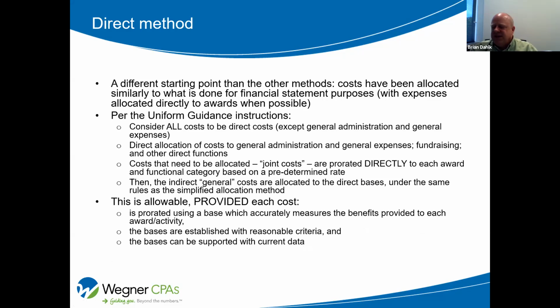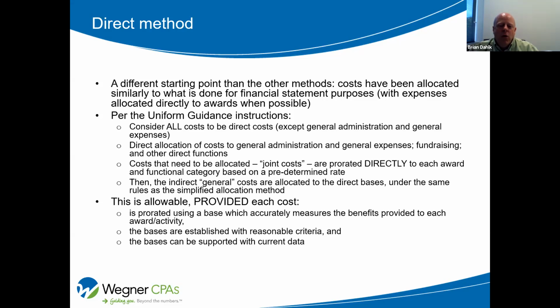The uniform guidance doesn't explicitly say that you start with your financial statement allocations, but it says that the allocations are compatible with the approach used for financial statement purposes. So it seems that if you have allocations done already for your financial statements, that's a perfectly fine starting point.